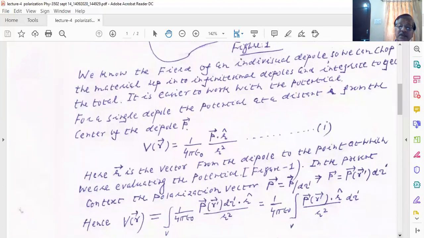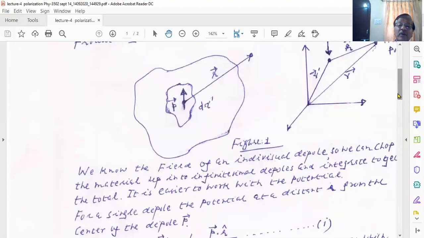So this expression is known to you. Now, in the present context, you consider this is the volume element d tau, and this is the dipole moment.